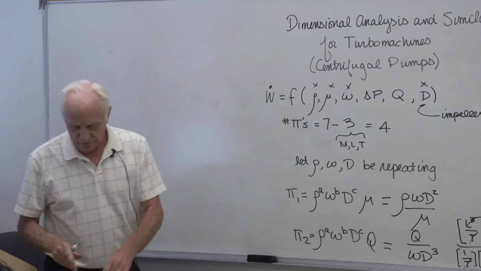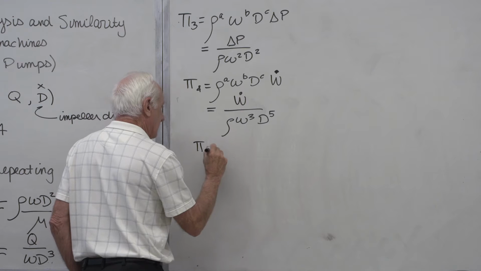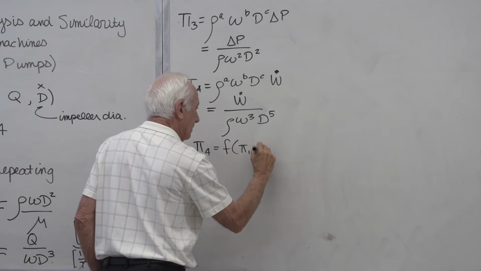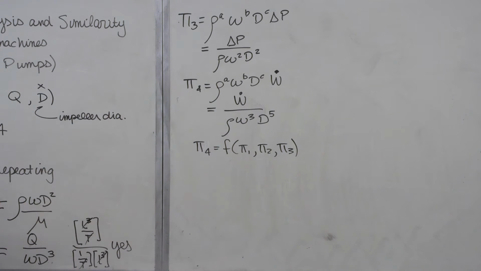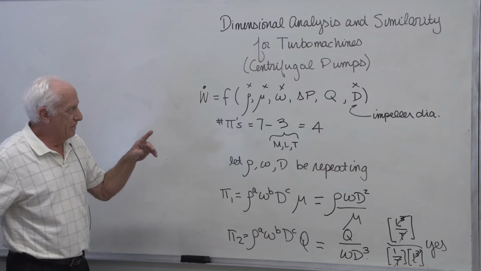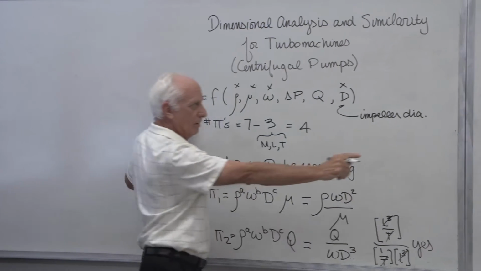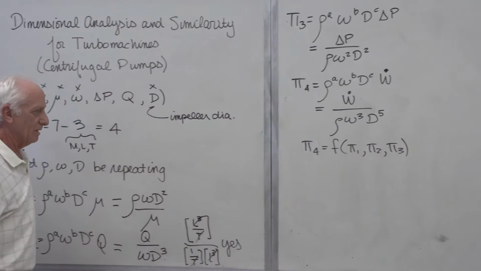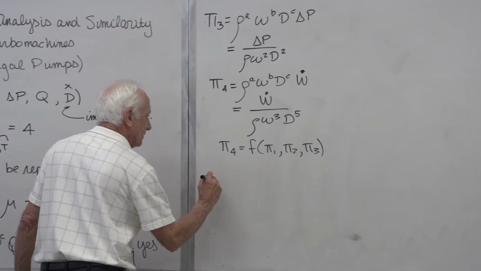And then when we're done, we can say that pi 4 is some function of pi 1, pi 2, pi 3. That's the way we write it. We put the pi parameter which is a dependent variable, the W dot pi parameter, on the left. Other guys on the right as a function of. If you want to write it out this way, that's fine too.